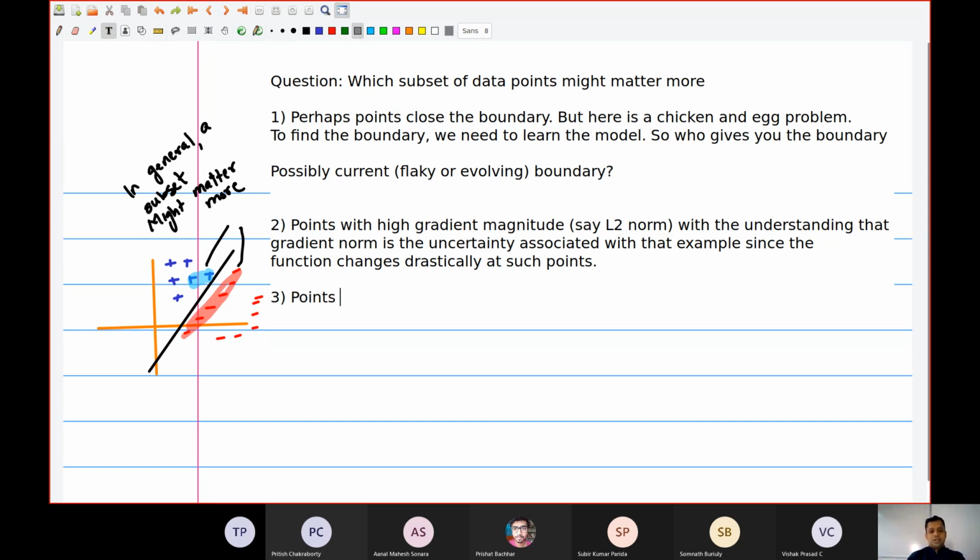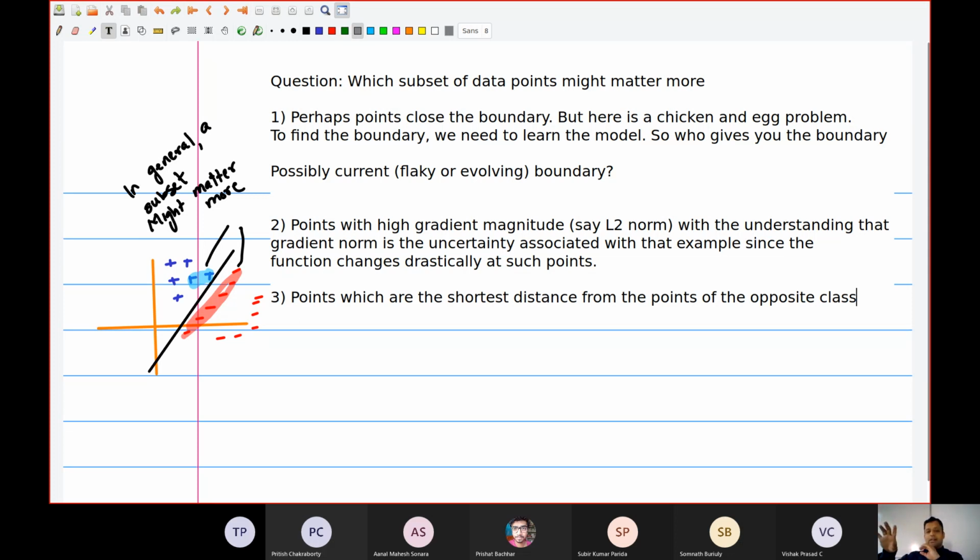Okay, points which are at the shortest distance from the points of the opposite class. Each of these is interesting. So you're basically saying that the points which are far away from the opposite class are, I mean, already satisfied.